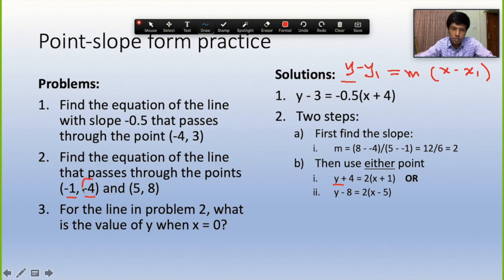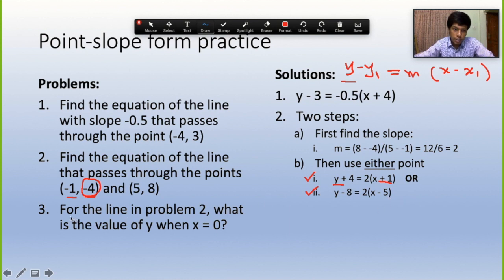So y1 is minus 4. If you put minus 4 here, there is another minus here, minus minus becomes plus 4. The same thing happens with this part. So you can do either this one or this one. Both will give us the same equation of a straight line.